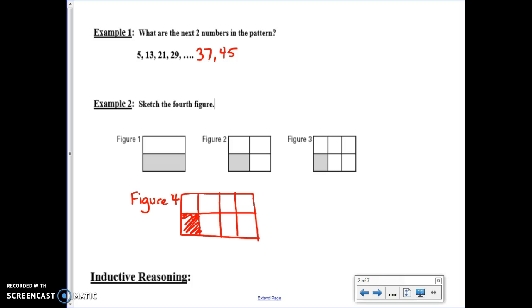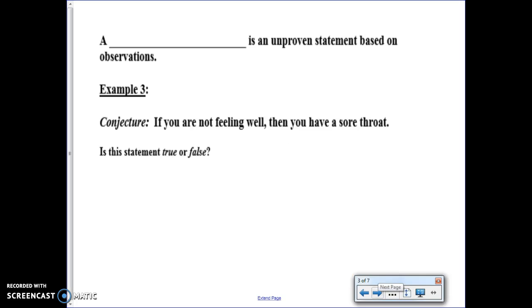Both of these are examples of inductive reasoning. And inductive reasoning just means uses patterns to make conjectures. So now we need to talk about what that conjecture word is.